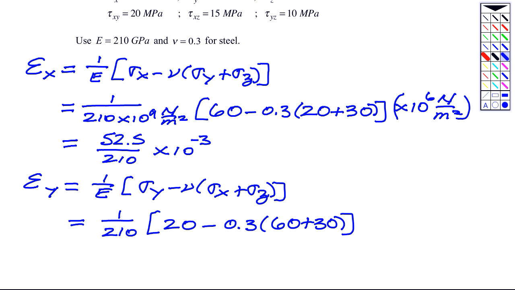And on the outside, I have something which is 10 to the minus 3, because that's going to be that conversion factor from megapascals divided by the conversion to gigapascals. So this number becomes a minus 1 over 30 times 10 to the minus 3.